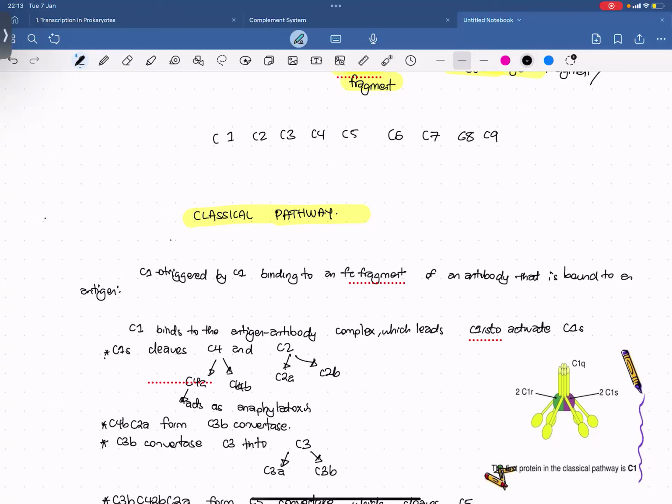These ones don't participate in this whole cleavage process. They form what we call the MAC, which in full is the membrane attack complex. And these other ones, which I have not put in a box, participate in cleavage, the whole cleavage situation that brings about that whole cascade.